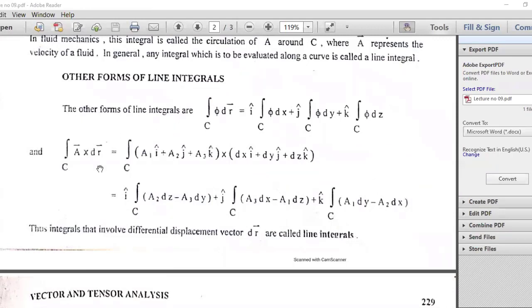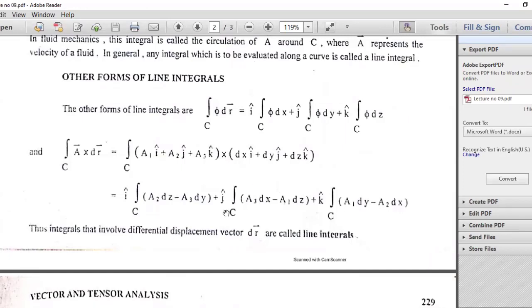And if in a problem we take a cross multiplication of the vector A and the displacement vector, then our result is in this form: a1 i plus a2 j plus a3 k cross dx i plus dy j plus dz k. Students, when we open this cross multiplication, the result takes that form.